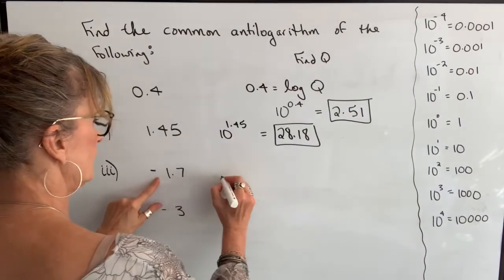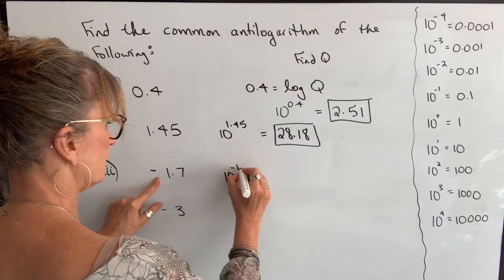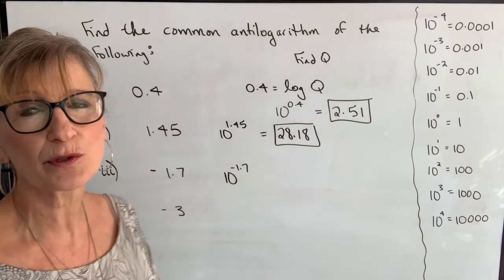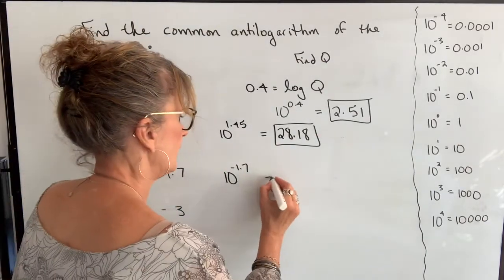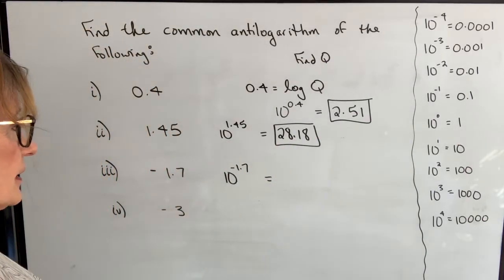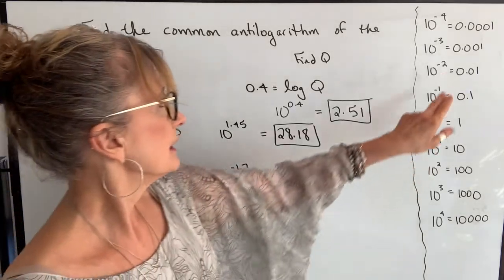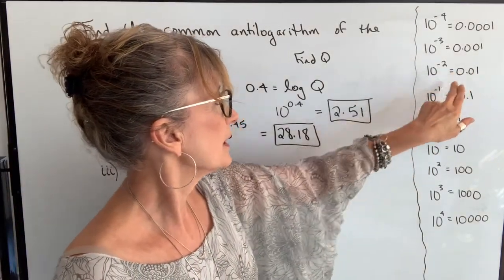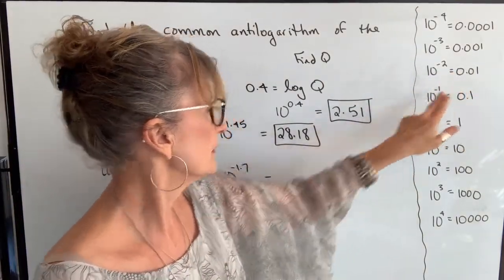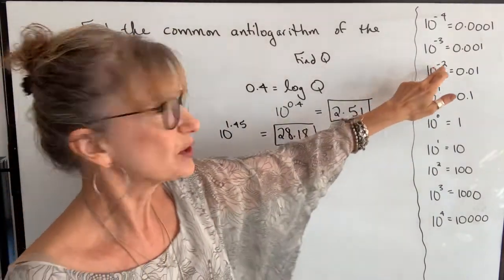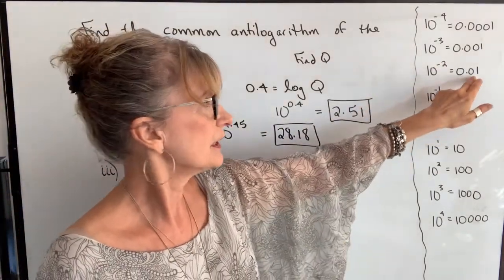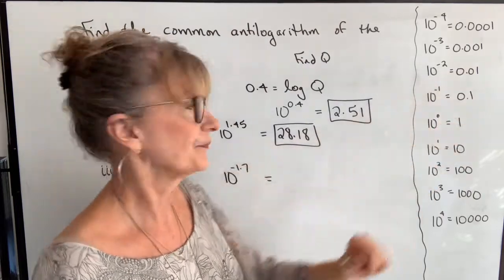This next one, we're getting into negative exponents. It's the only time you'll see negatives is with exponents. And again, we know that 10 to the negative 2 is 0.01, 10 to the negative 1 is 0.1. Negative 1.7 is between those exponents, so our quantity should be between these quantities.